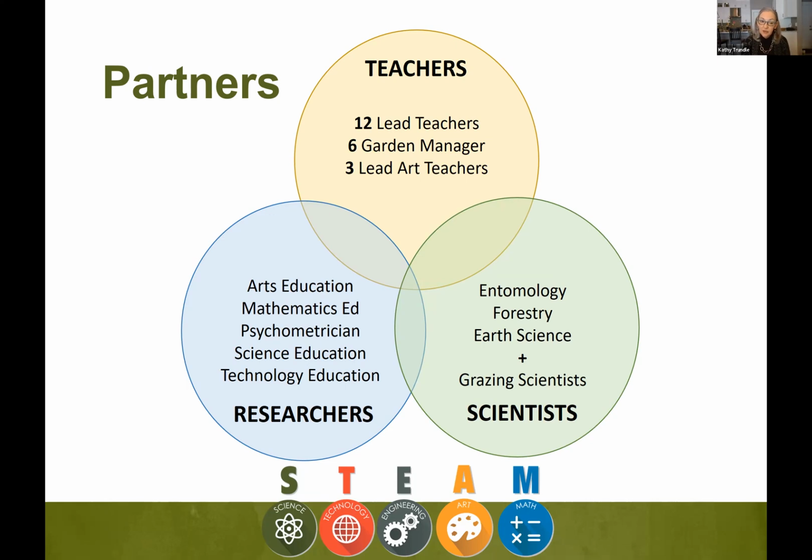So everything we're doing is grounded in extant research, educational and cognitive psychology research, and we're doing research on the things that we are developing. So it's all research-based. And then with our scientists, we want to make sure that everything is scientifically accurate and that it represents what scientists do.